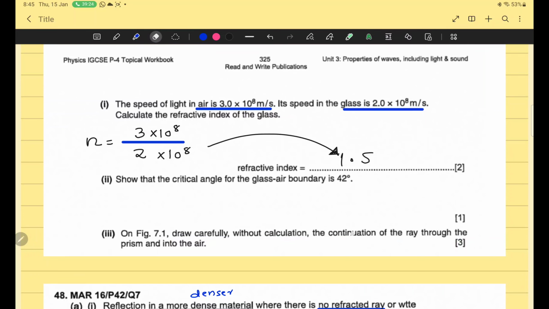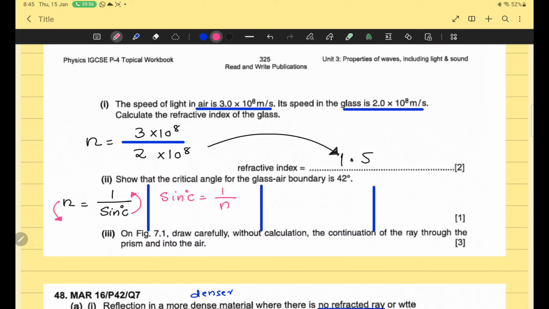And now we have another question. The question is calculate critical angle. You know, n is equal to 1 upon sine c. If you are calculating sine c, then sine c is equal to 1 upon n, reciprocal of both sides.